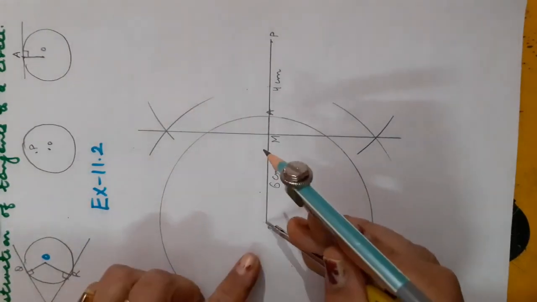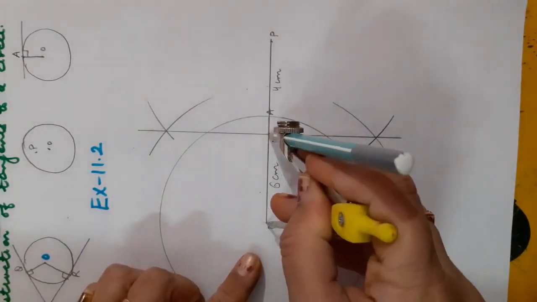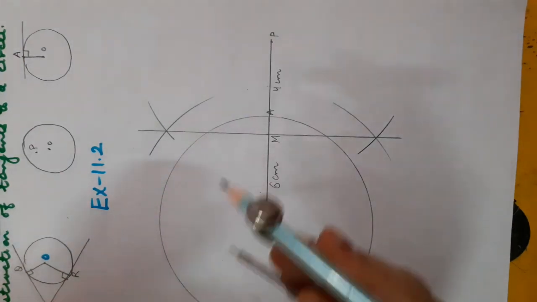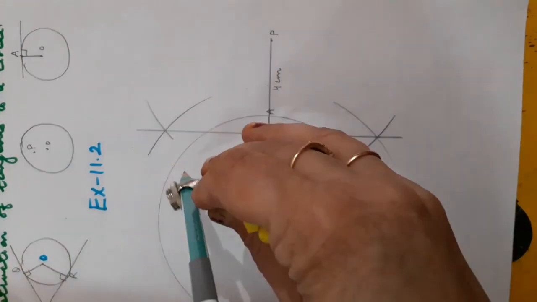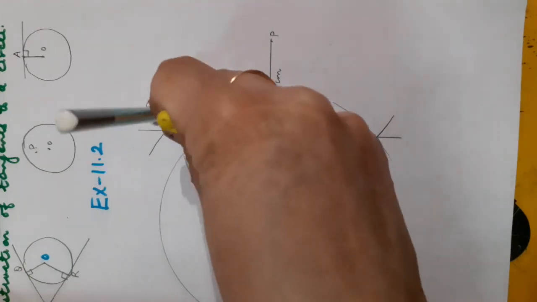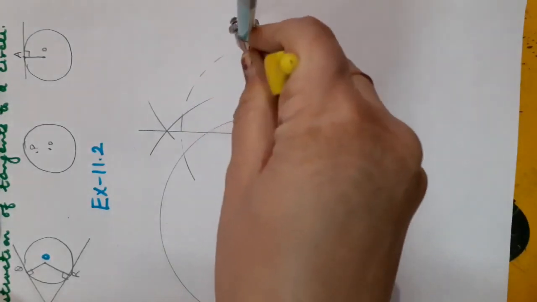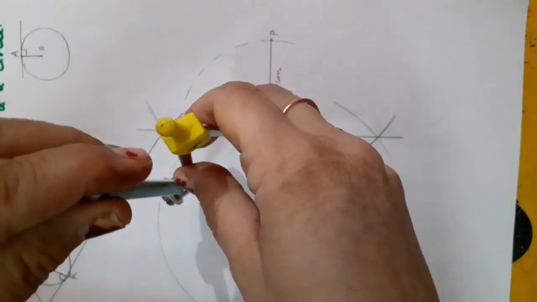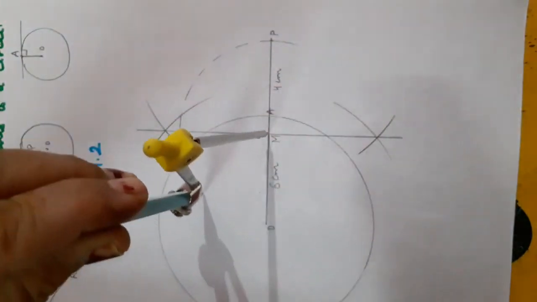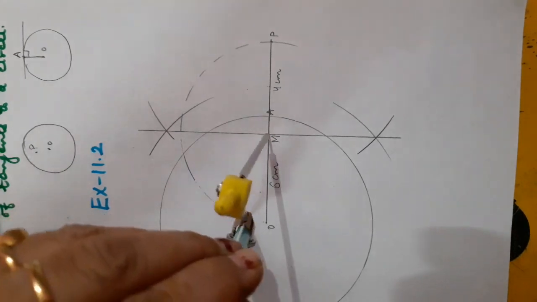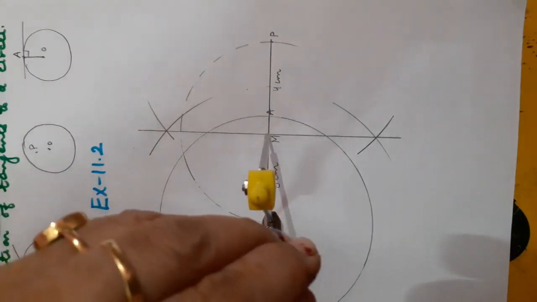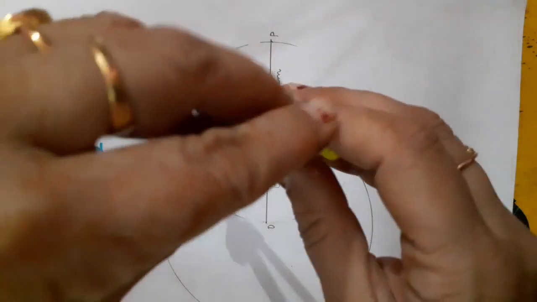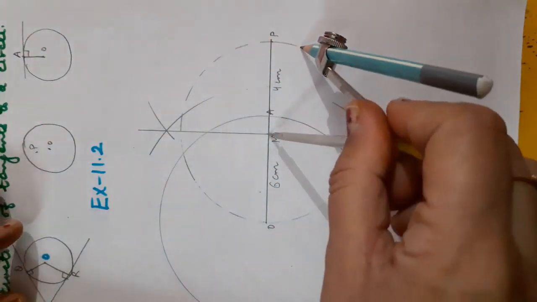So children, here you can see that I have just taken the radius equal to OM, and while taking M as center point, I am just going to draw one dotted circle. Here you can see that that circle is going to touch the center point as well as point P.